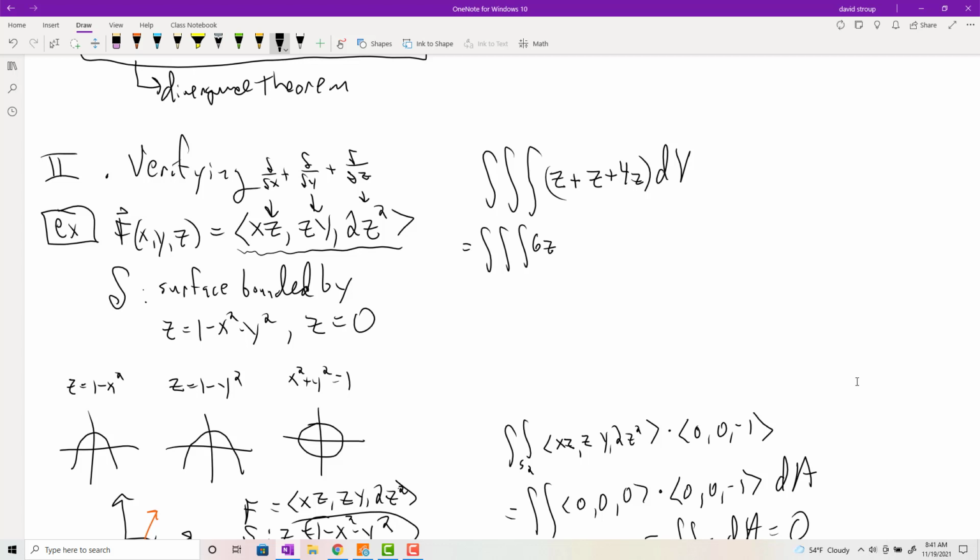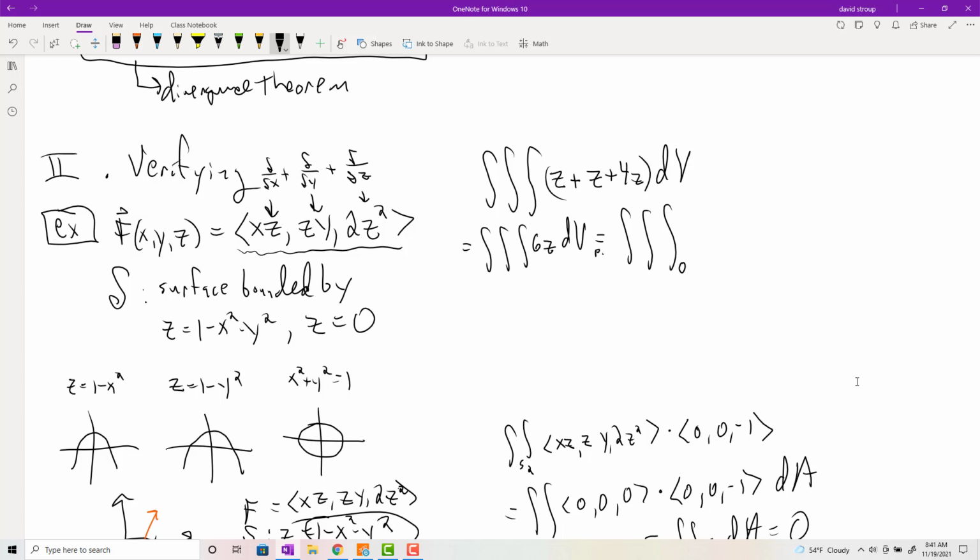So our triple integral would be of 6z dv, and then you have a triple integral on your hands, and you may want to convert this to polar. It's probably not a bad idea, but it's up to you. So you're going from z equals 0 to z equals 1 minus x squared minus y squared.